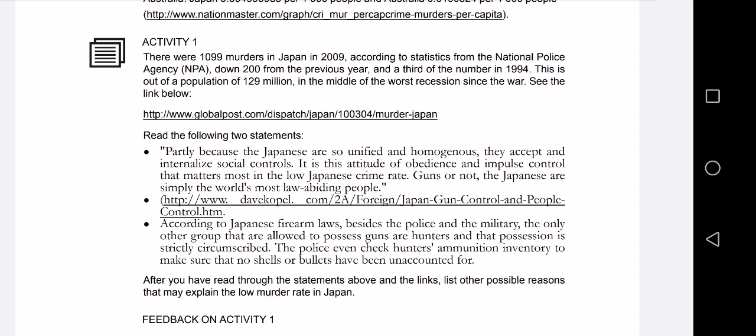This is out of a population of 129 million, in the middle of the worst recession since the war. See link below.